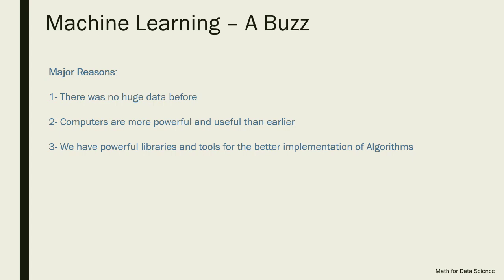You will be wondering why machine learning is a buzz nowadays. In the olden times, old is like 2000 or 2010, till that time you had social media like Orkut, and then came Facebook. Many other social sites were not there.